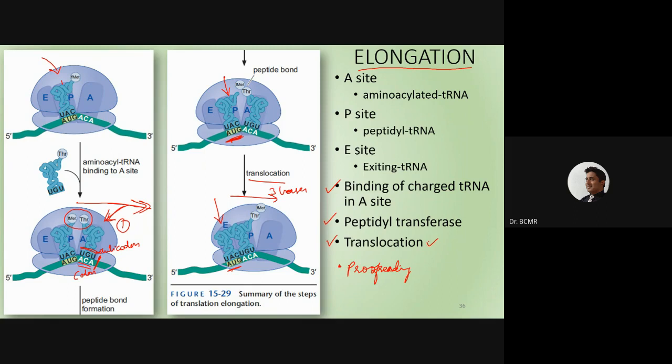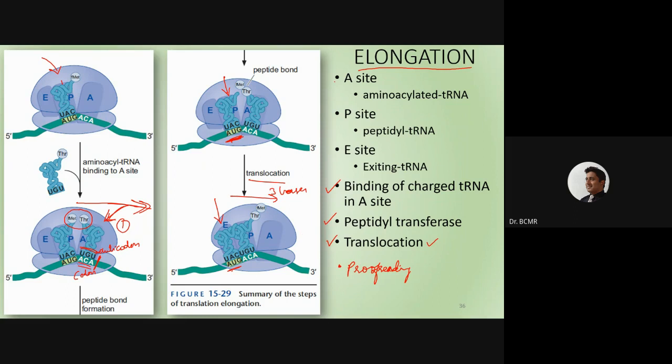If you can recollect, we used that in telomerase. Right after synthesizing a little bit, the telomerase moves a little further to synthesize more. There also we use the word translocation, as literally it means movement forward.